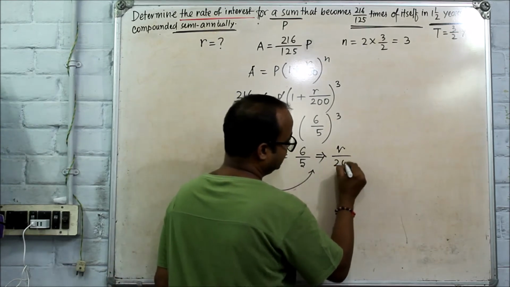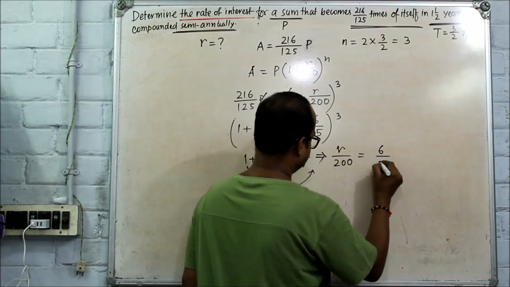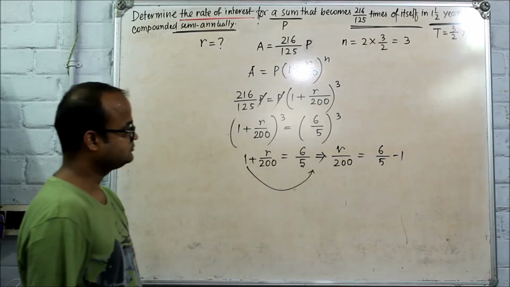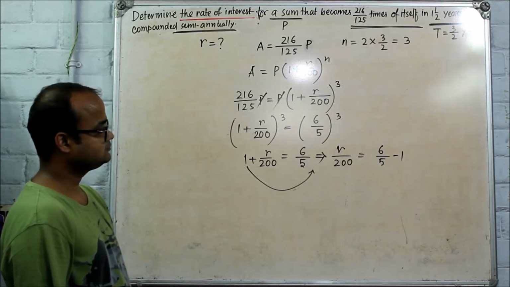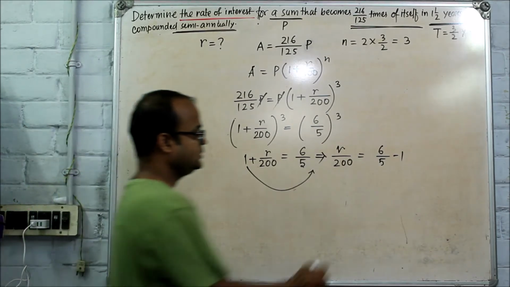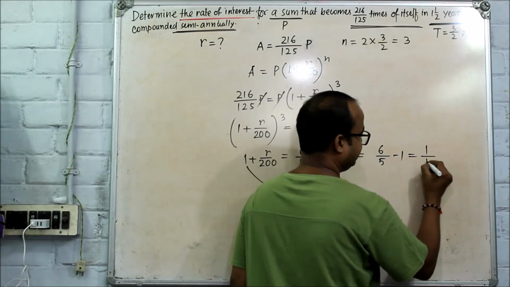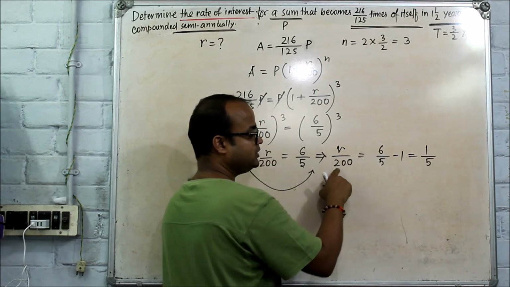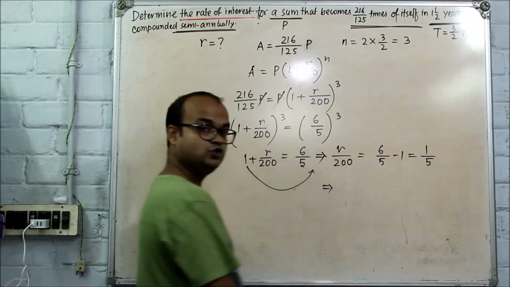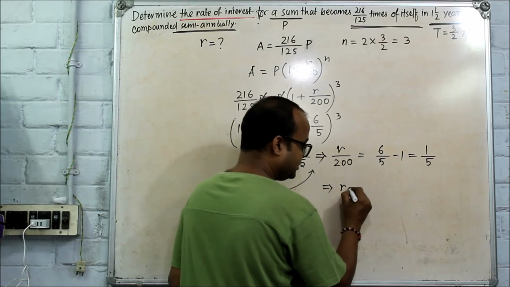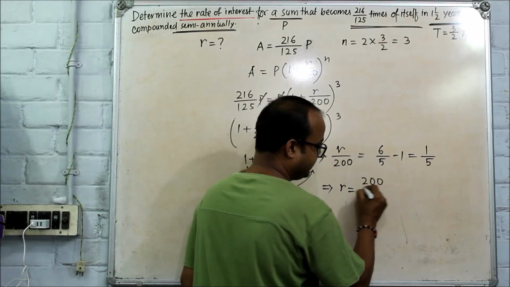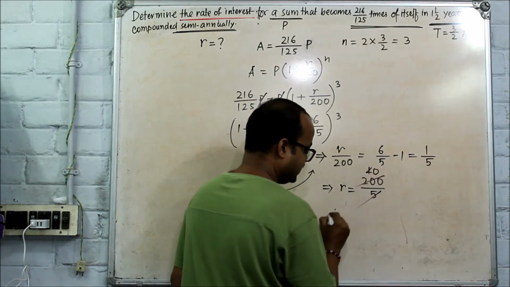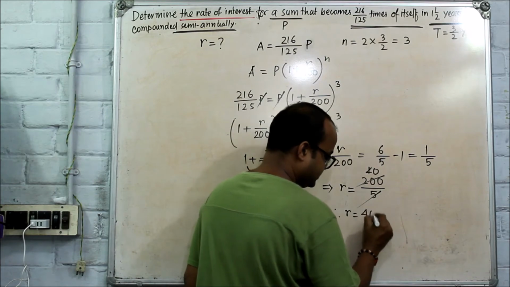So R by 200 is equal to 6 by 5 minus 1. So this will be equal to 1 by 5. Now 200 is in the denominator. When it changes the side, it will go to the numerator. So R is equal to 200 by 5. 5 fours are 20, so 40. Therefore R is equal to 40%.